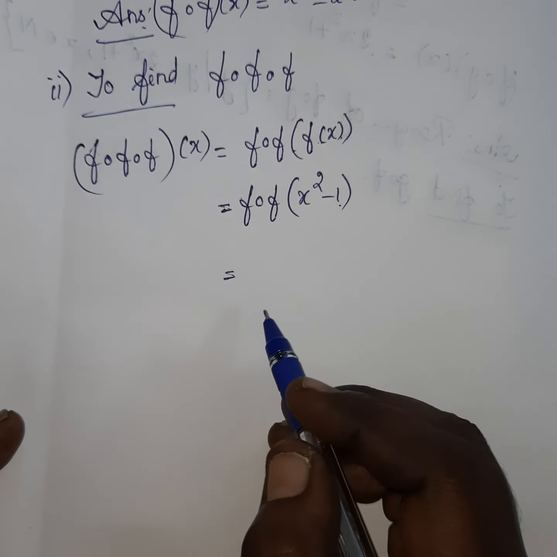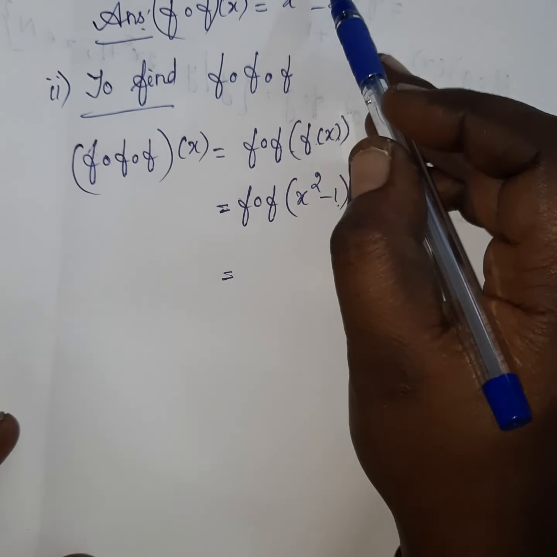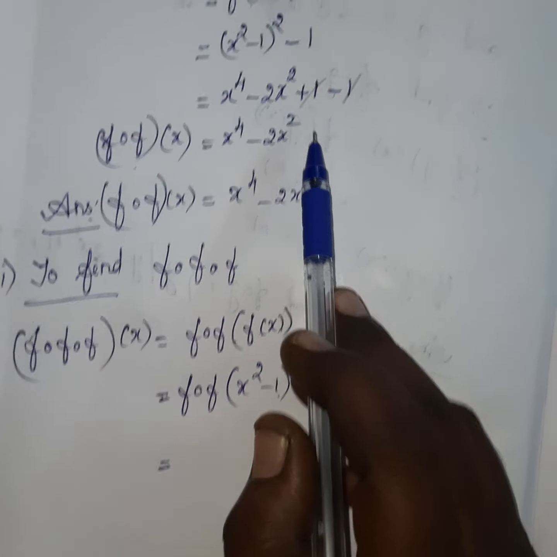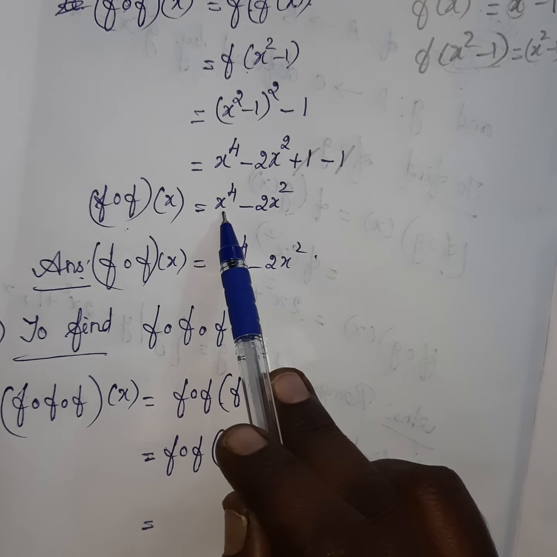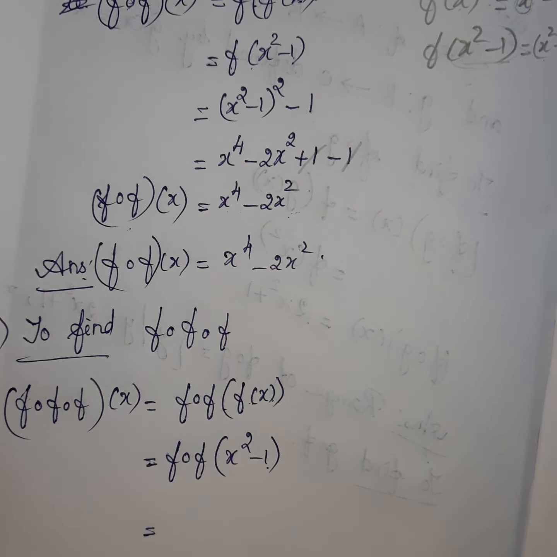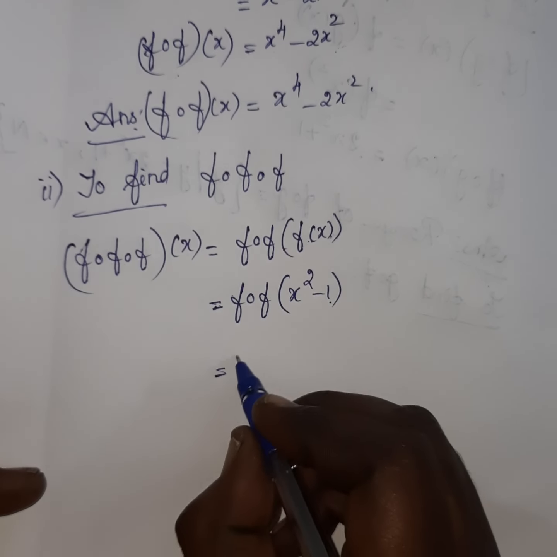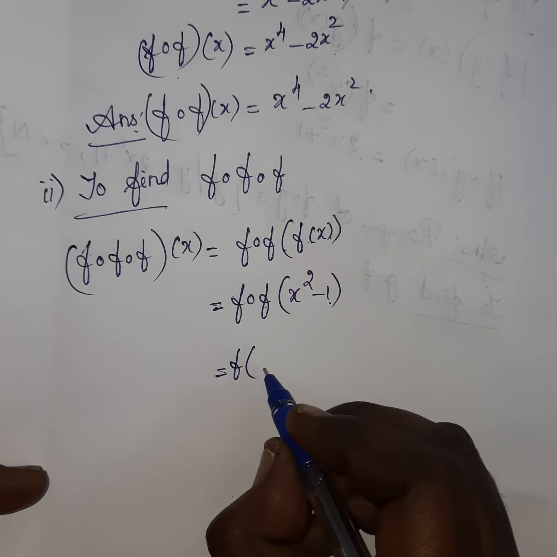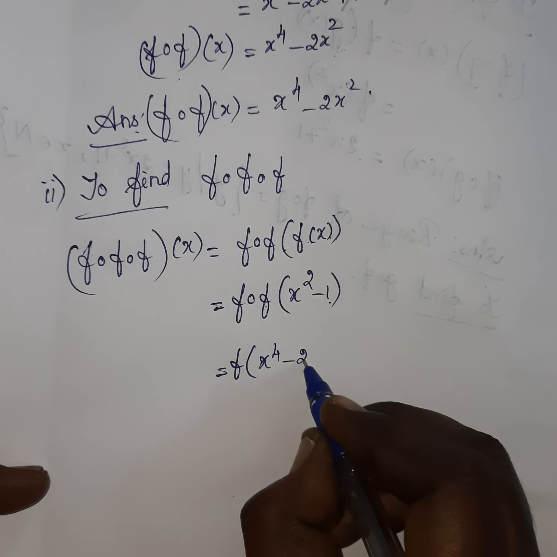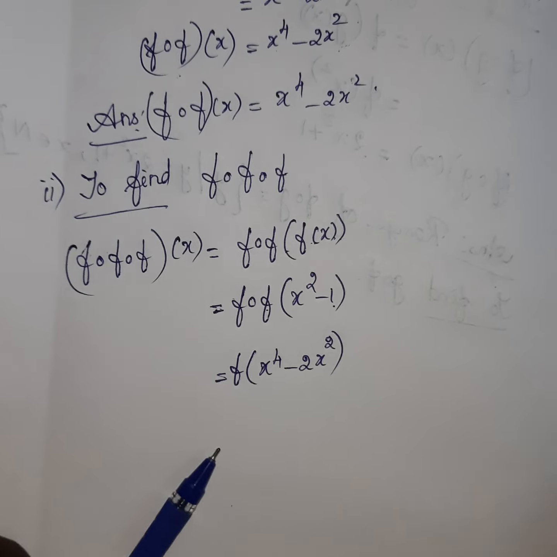There you have the f of x square minus 1. So we can write it directly. After reducing the plus 1 minus 1, totally f of x square minus 1 value is x power 4 minus 2x square. So I am writing this directly. It is f of, this f of x square minus 1 value is x power 4 minus 2x square, from 1.